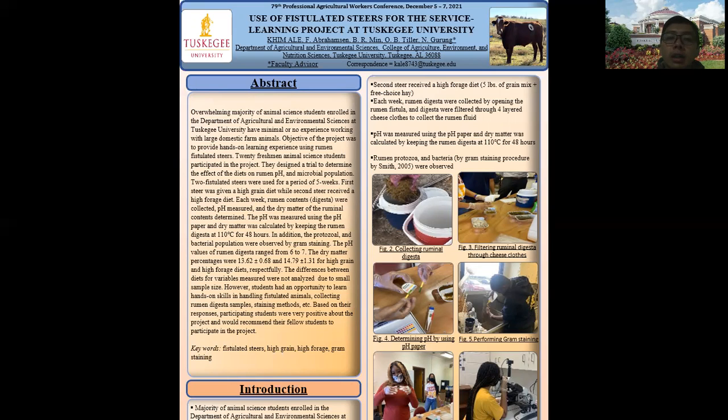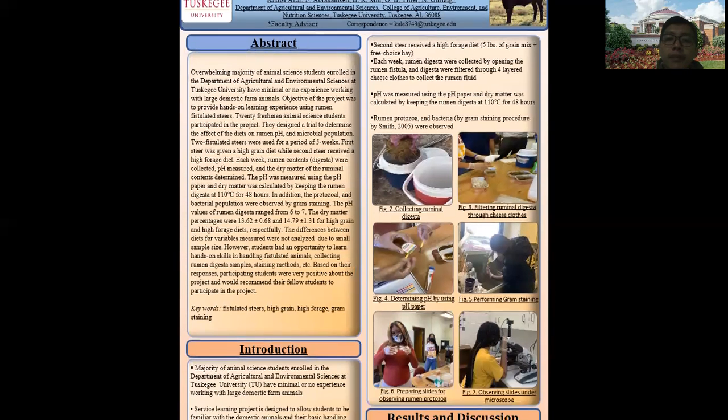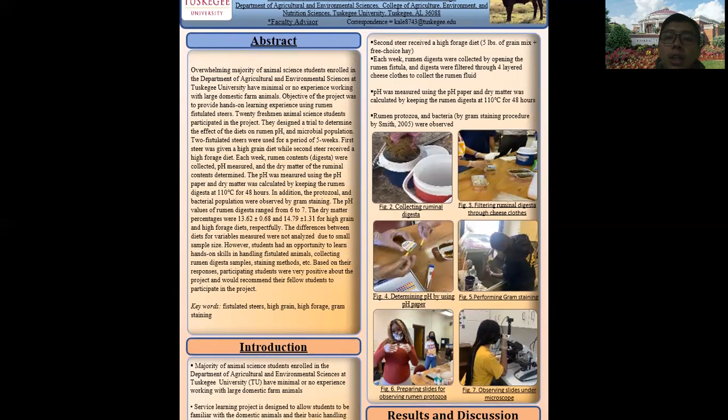And we measured the pH of this rumen fluid by using pH paper, and additionally we also calculated the dry matter of this rumen digesta by keeping it at 110 degrees Celsius for 48 hours in a hot air oven. We also looked at the protozoa in the microscope and also the bacteria by using gram staining procedures.